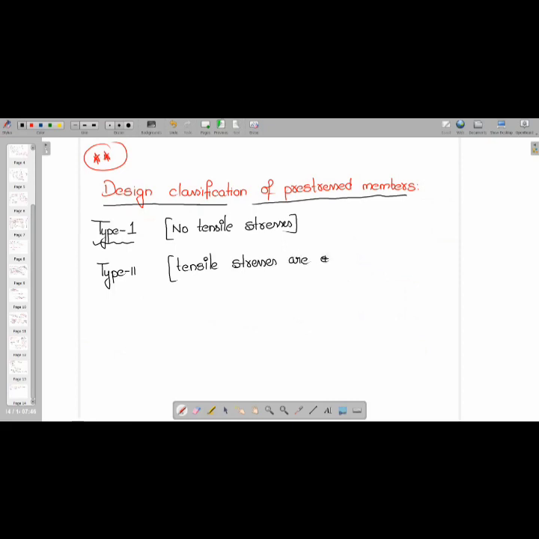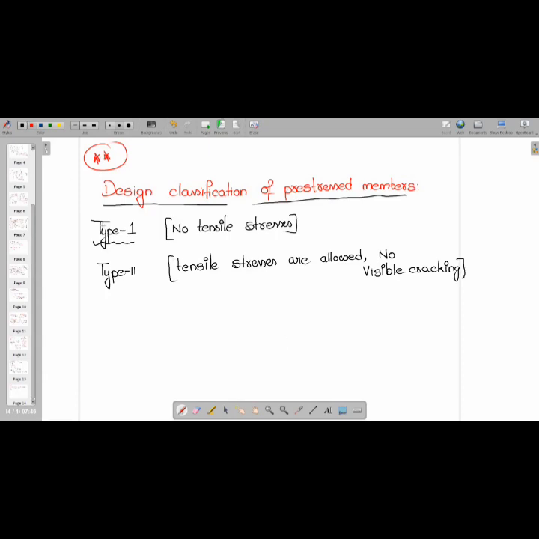Here you can write tensile stresses are allowed, but no visible cracking. So type 2 is tensile stresses are allowed, but no visible cracking.